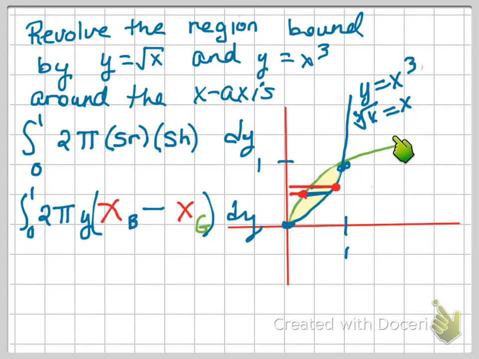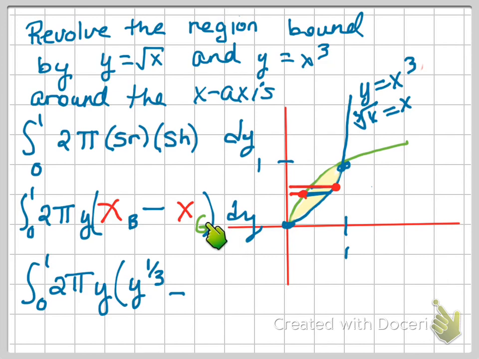Well, the x on the blue curve is equal to the cube root of y. So I can replace, because remember, this is a dy, I'm only allowed to use y's here, not x's. So I'm going to rewrite this, 0 to 1, 2 times pi times y times the cube root of y, which is y to the 1/3 power, minus the x value on the green curve.